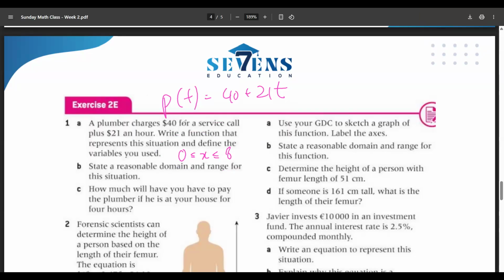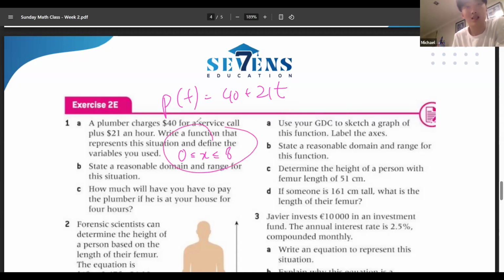The domain is like how much or how little x can be. Not really. Technically, it's the available or allowed input, the defined input into the function. So we define the input to be between 0 and 8 because realistically, you're not going to be working more than 8 hours in one call, right? And you're definitely not working negative hours. So with each call, you're probably working between 0 and 8 hours, right?